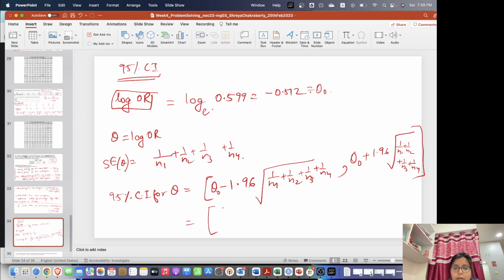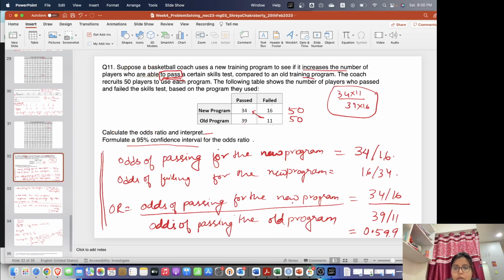So then this will be ln 0.599 minus 1.96 into the root of 1 by n1, n2, n3, n4, which are these cell values.